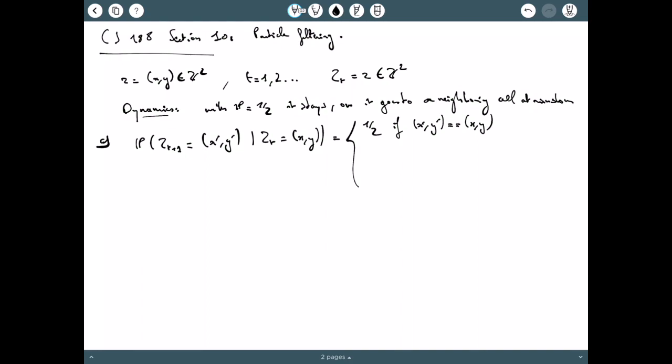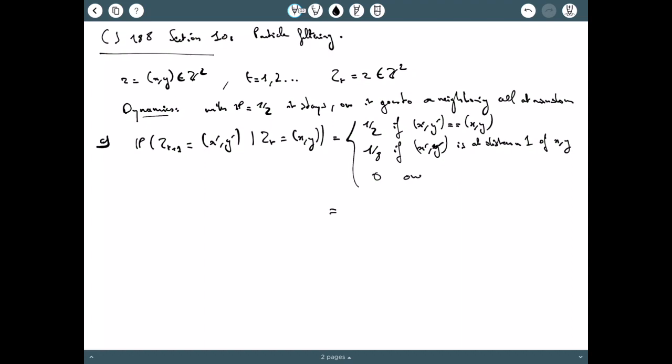We also know that with probability 1/2 we can go to one of the 4 neighbors. This time we no longer have edges, so that's the other option, and 0 otherwise.